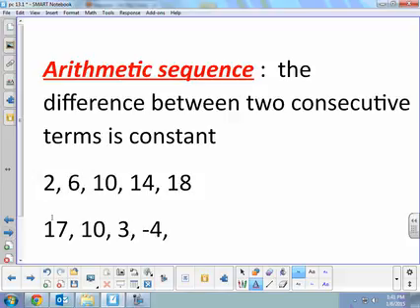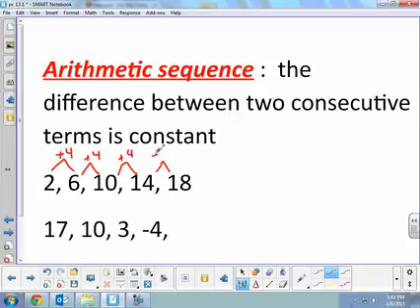Let's first talk about what an arithmetic sequence means. The difference between two consecutive terms is constant. What that means is you add or subtract the same amount each time. So on this one, you're going up by 4 each time.